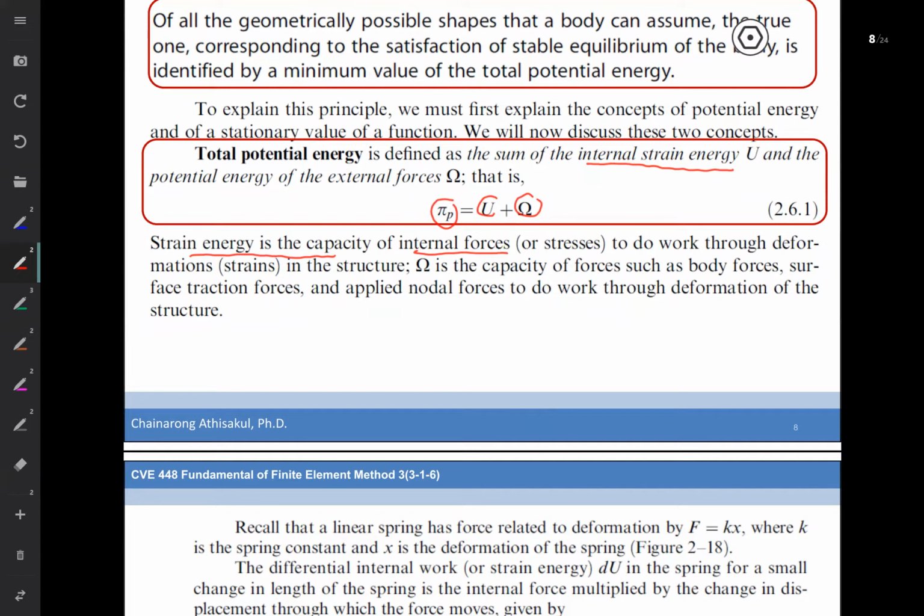But the omega is from the external force, that is composed of the body force, the surface traction force, and the body force may include self weight also, and the applied nodal force, that does work through the deformation of the structure.